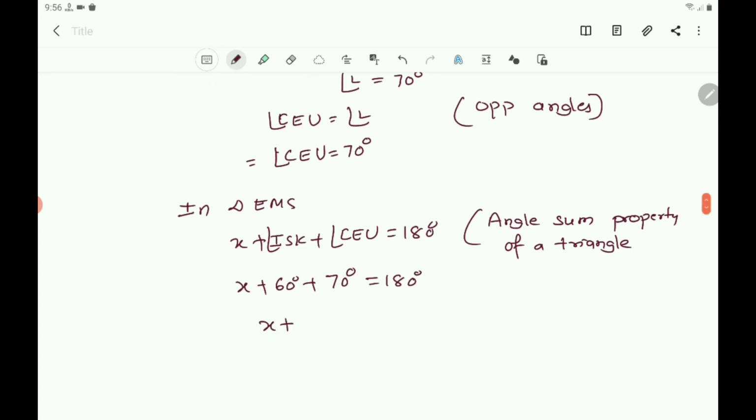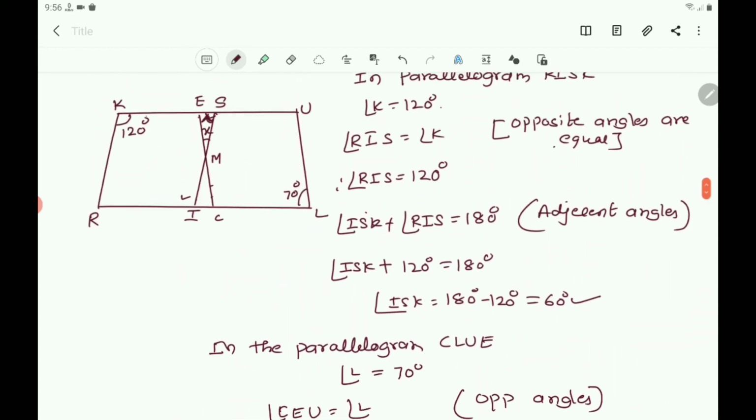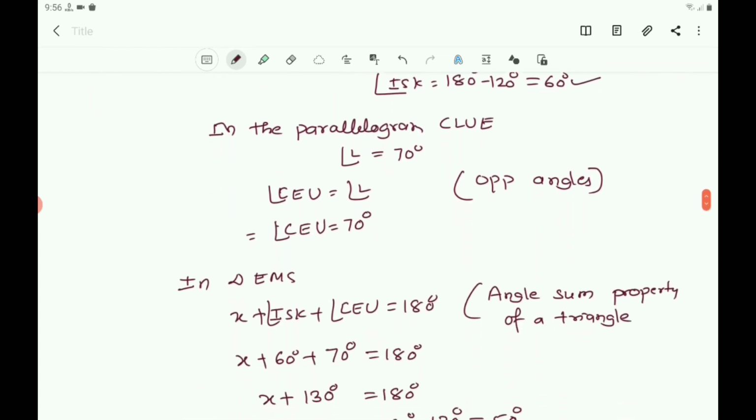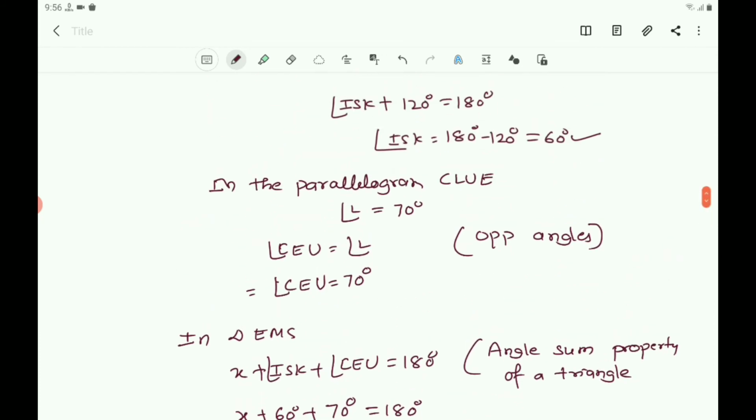So x plus 60 plus 70, that is 130 degree, is equal to 180 degree. So x is equal to 180 degree minus 130 degree, that is equal to 50 degree. So you got the value of x here. What is the value of x? 180 minus 130 degree is equal to 50 degree.